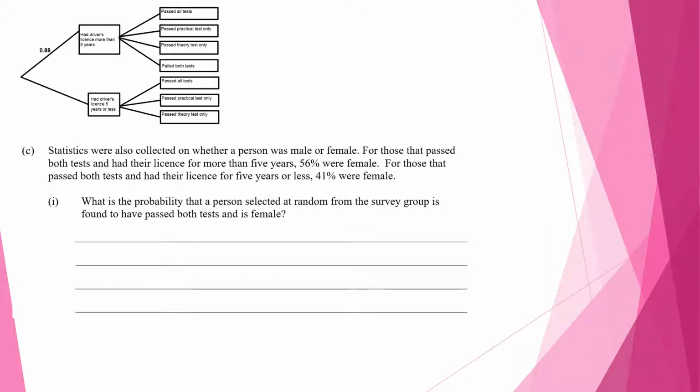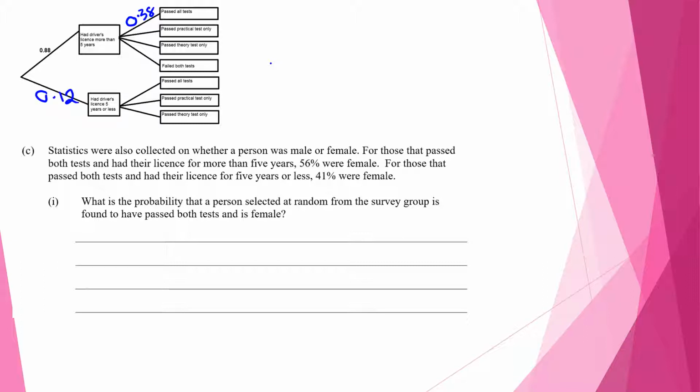Right, part C one is actually referring to the information in part 2 as well. So if I just refer back to that information that we did just before, we know we had passing both tests for the other one is, had their driver's license is 0.12.